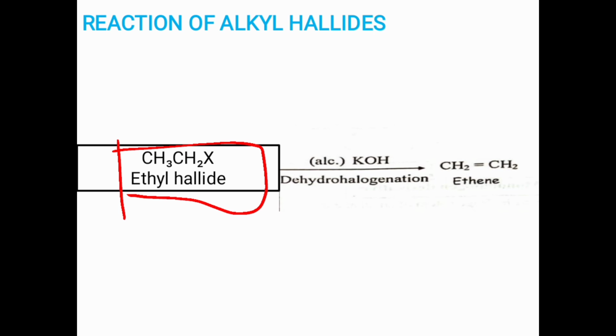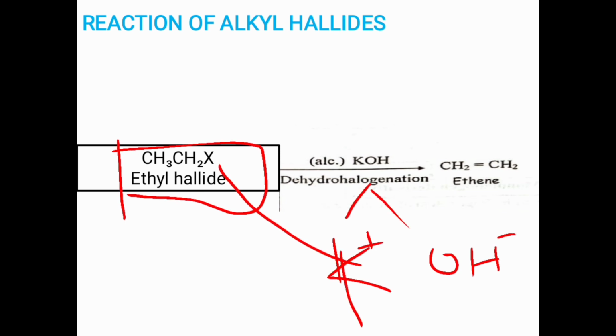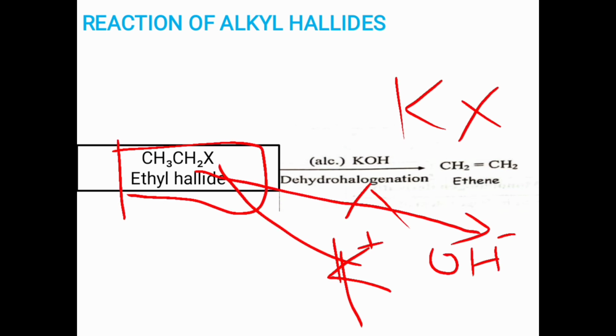This is ethyl halide. This KOH is divided into K plus and OH minus. Understand? This K part will take the negative X and form KX, and one hydrogen will get removed and react with OH, forming water.